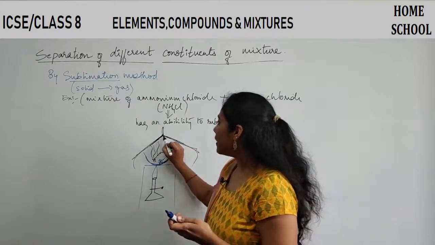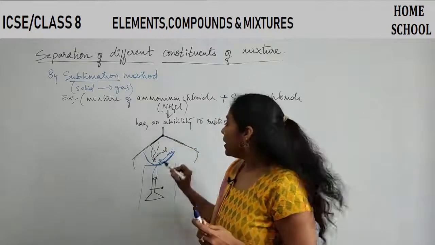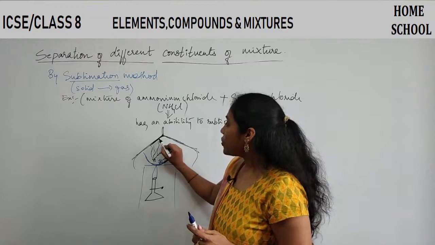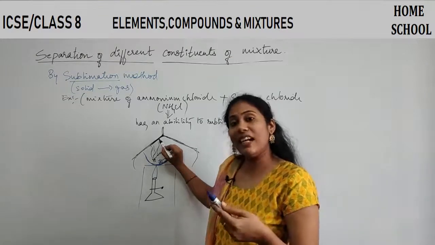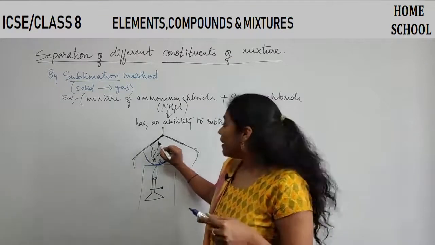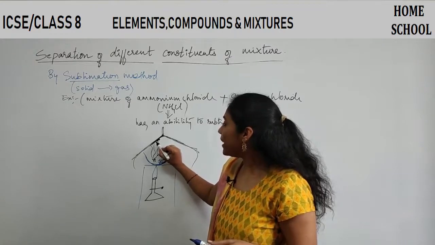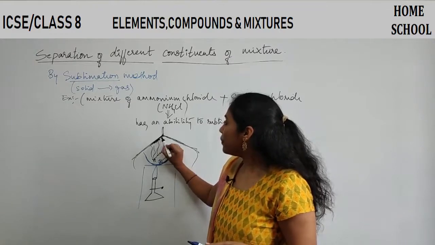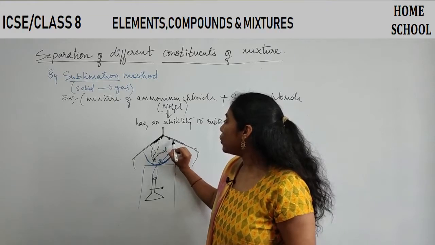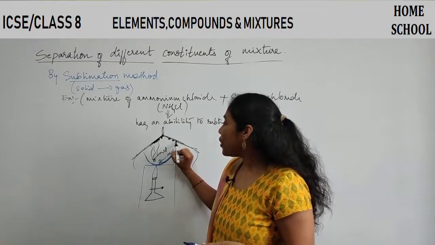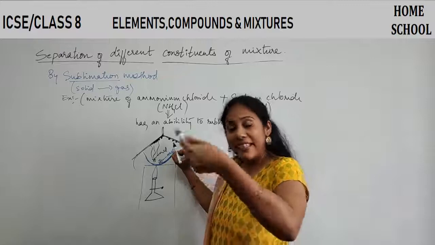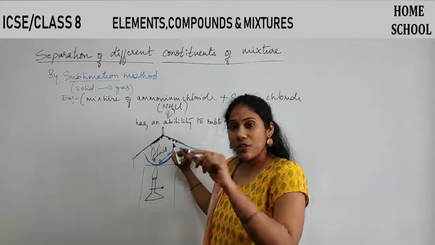It will stick onto the glass tube, and once the vapor goes to the glass tube, there it will undergo condensation. That means the gaseous ammonium chloride will again become solid. So this ammonium chloride finally goes to the glass tube in the form of gas. There it again undergoes solidification.